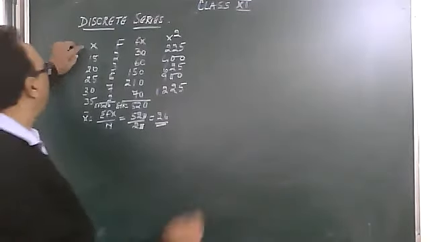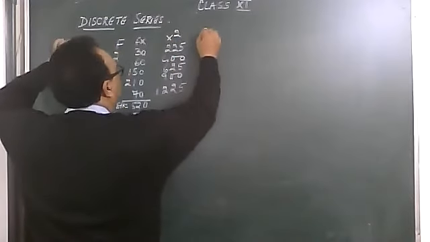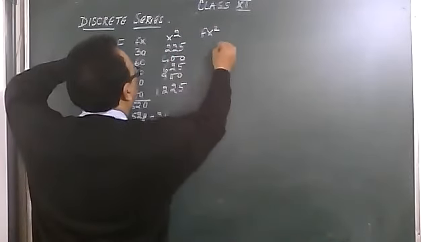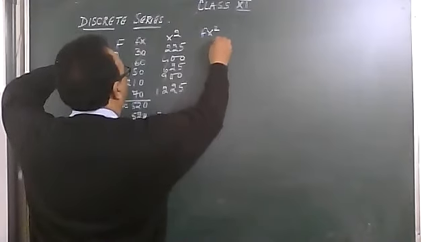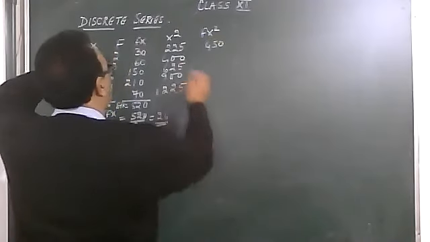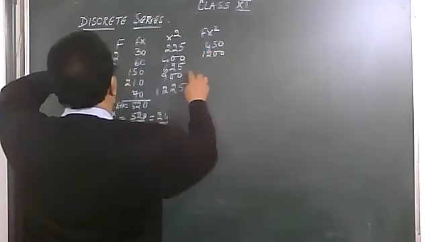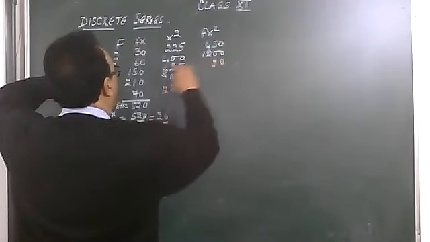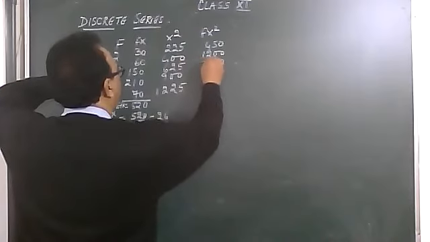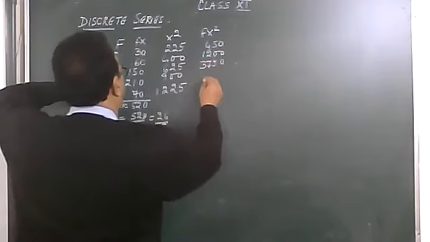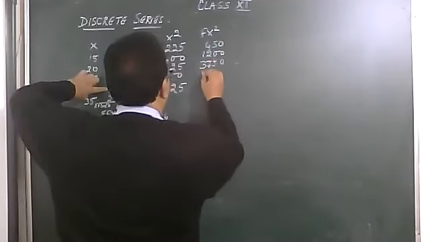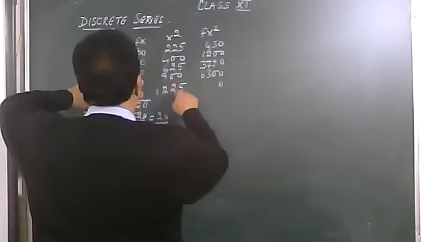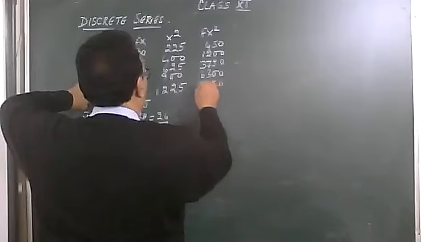Okay. Now things are same. fx squared, that is f has to be multiplied by this. 2 5s are 10, 2 2s are 4 and 1 5, 450, 3 4s are 12, 100, 6 5s are 30, carrying 3, 6 2s are 12 and 3 15, carrying a 1, 6 6s are 36, 37, 7 9s are 3, 2 5s are 10, carrying over 1, 2 4s are 4 and 5, 2 4s are 4, 2 2s are 2.